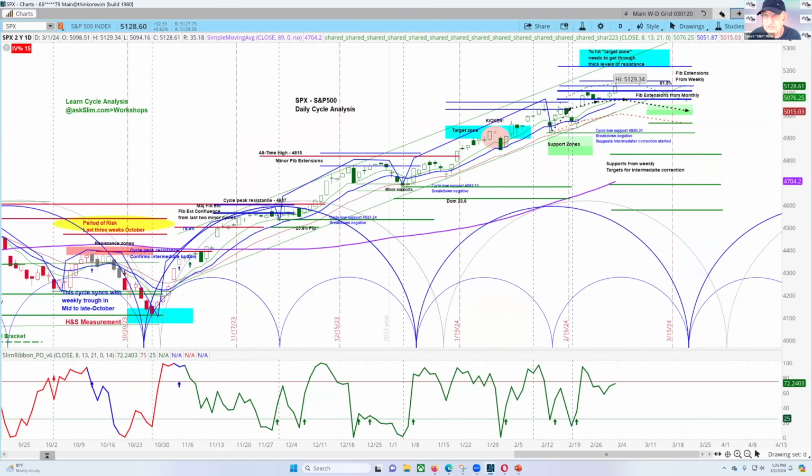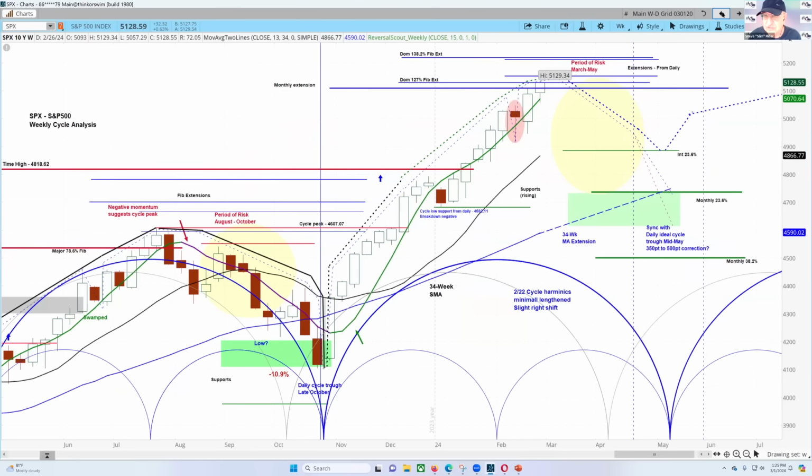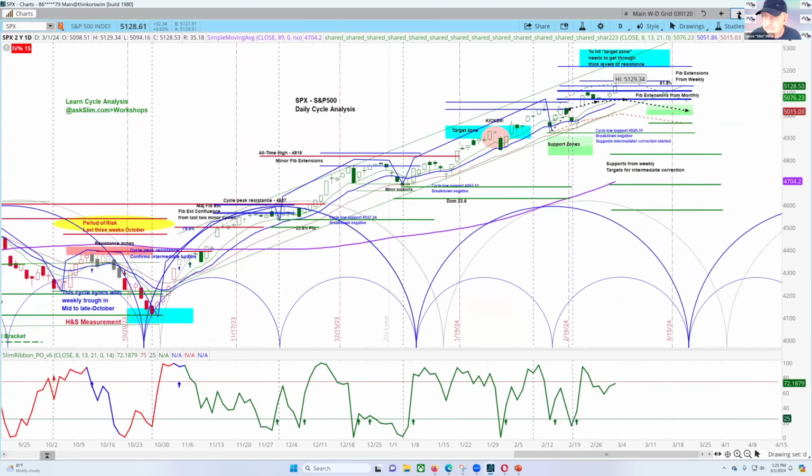If that happens, then the weekly chart will likely be peaking, and that would tell us the big correction is likely starting. But right now, we don't have any sign of that. On the 2-hour chart, I'm going to give you a way to get an earlier peek at when that would be. But right now, this is still bullish. Everything that we look at in here is bullish.